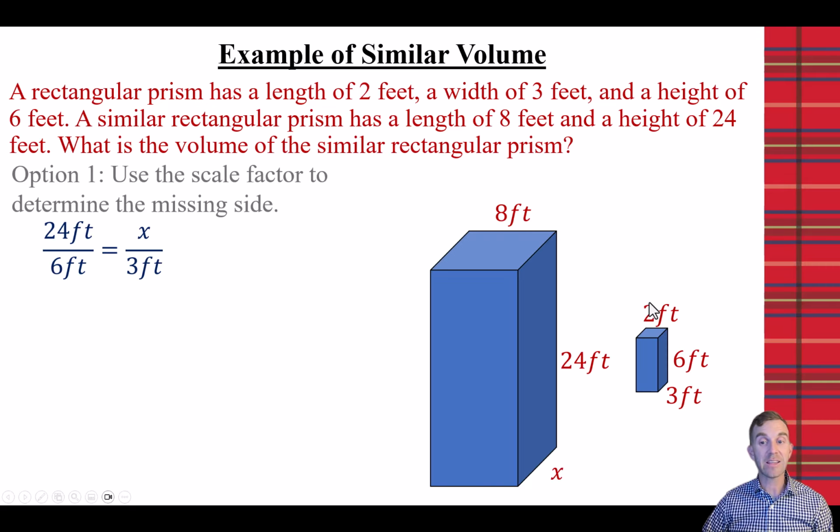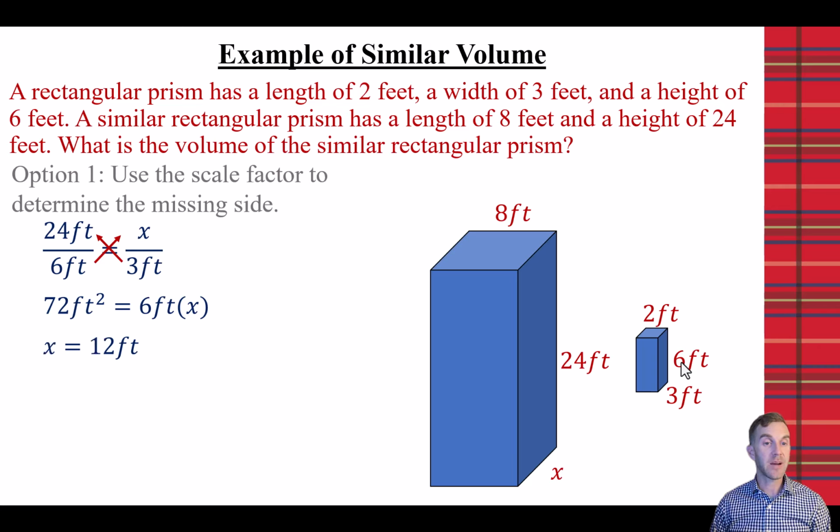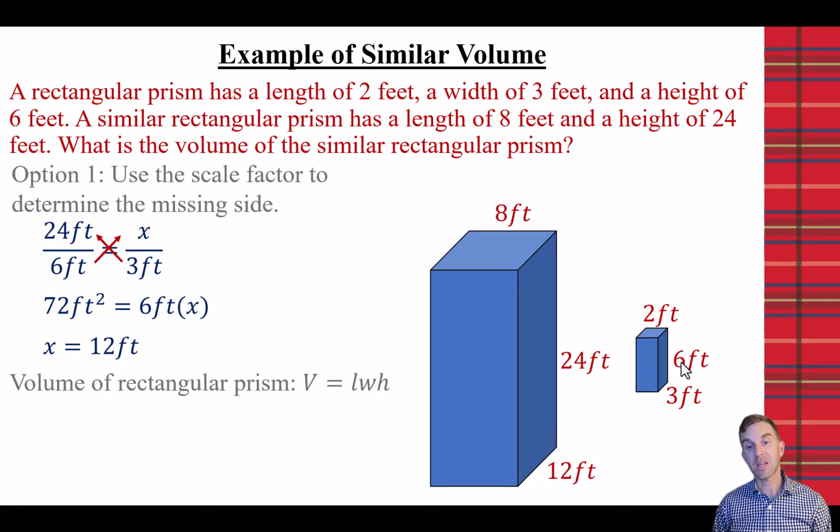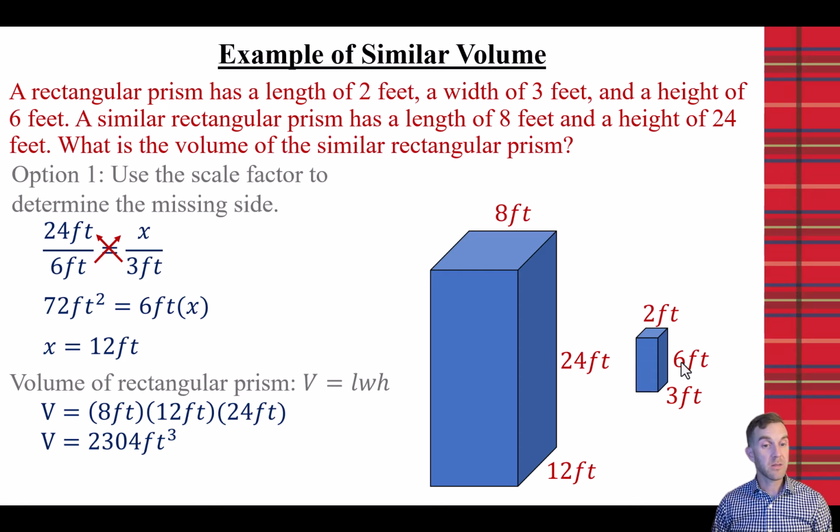You also could have done 8 to 2 equals the width to 3 because it's all the same scale factor of 4 to 1. So I cross multiply here, and I would then divide by the 6 feet and get that the width is 12 feet. Now to calculate my volume, I know it's length times width times height for a rectangular prism. So 8 feet times 12 feet times 24 feet will give me 2,304 cubic feet.